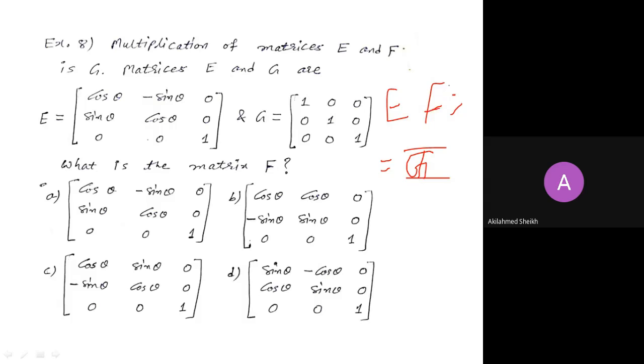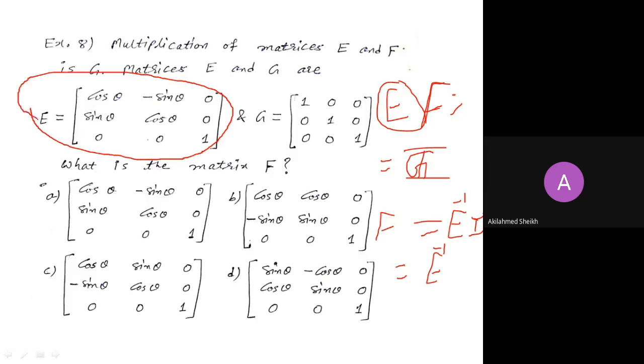Now we have to find the value of F, so we have to remove this E. Pre-multiplying both sides by E inverse, we get F equals E inverse into I. We know that I into any matrix gives the same matrix. So this equals E inverse. It means that the value of F is nothing but E inverse. That is, we have to find the inverse of this matrix.